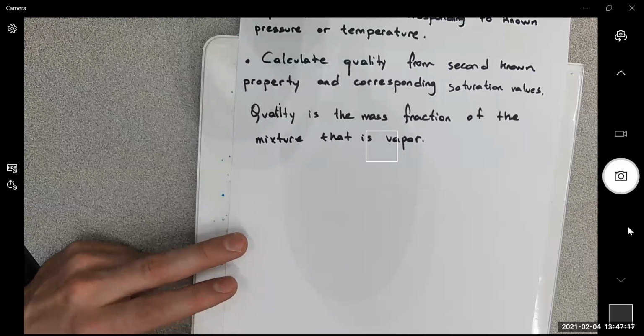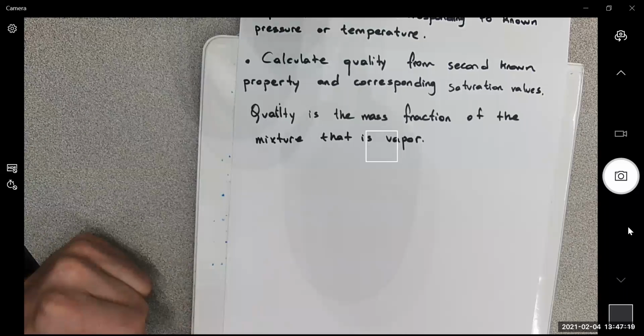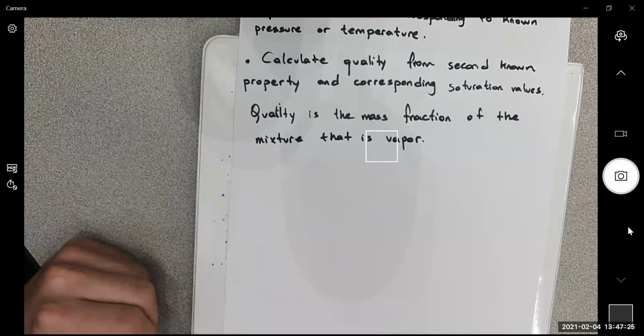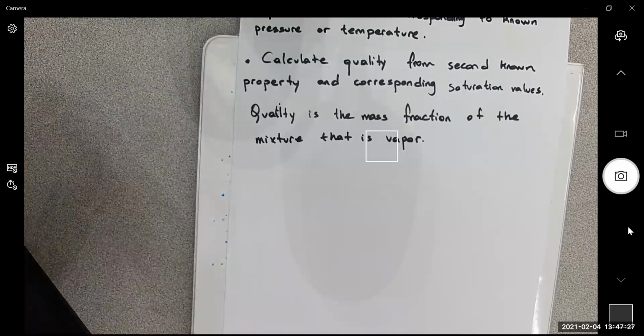If the mixture is full of vapor, the quality is 1. If you don't have any vapor, quality is 0. Okay, so it ranges from 0 to 1, 0% to 100%.